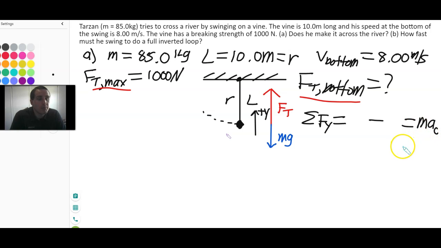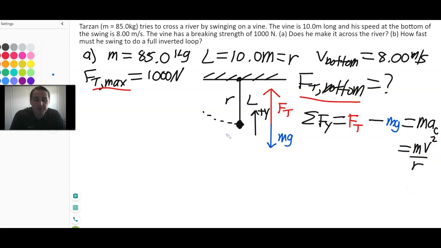And by the way, immediately you could have written mv squared divided by r. Okay? So let me fill in the other forces. I need the other colored pens. So tension force minus weight, mg, should be mass times centripetal acceleration, which is mv squared over r.